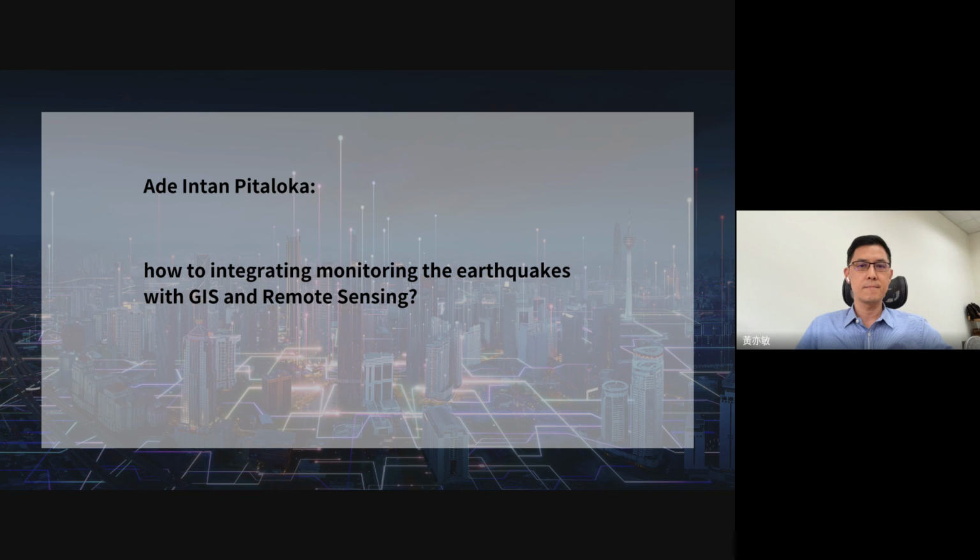Like I mentioned, the earthquake is not easy to predict. But to monitor, you just need to put the location of your sensors onto your GIS. For remote sensing, for earthquakes, we want to find out the locations of earthquakes in previous years, the case study.